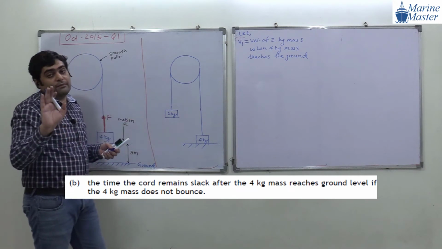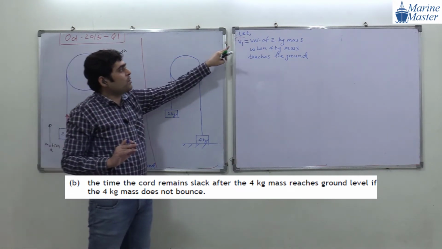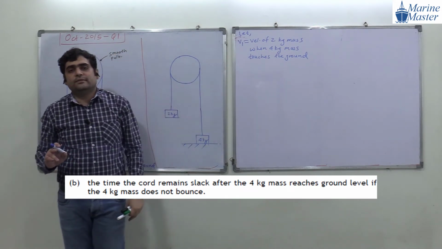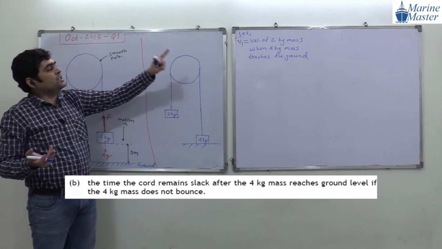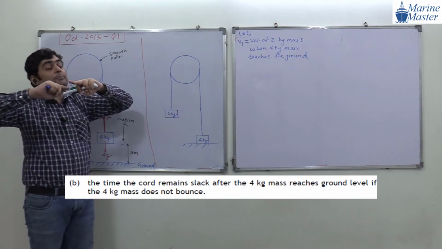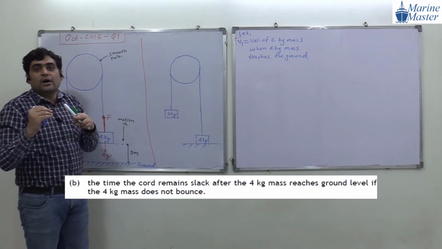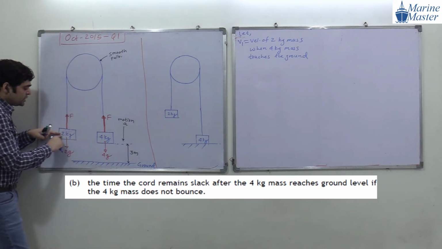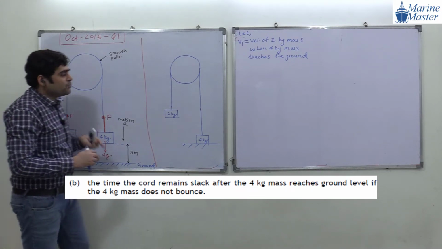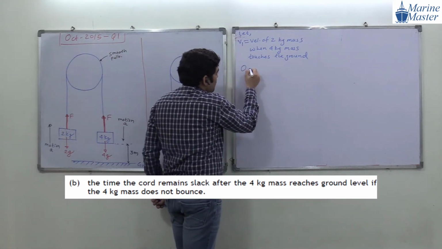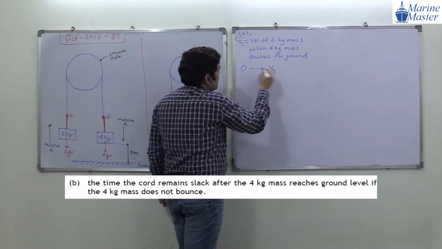So up to velocity v1, what will be the acceleration of the 2 kg mass, guys? I am not talking about after v1. Till velocity v1 means the 2 kg mass is starting from rest, going from 0 to v1.